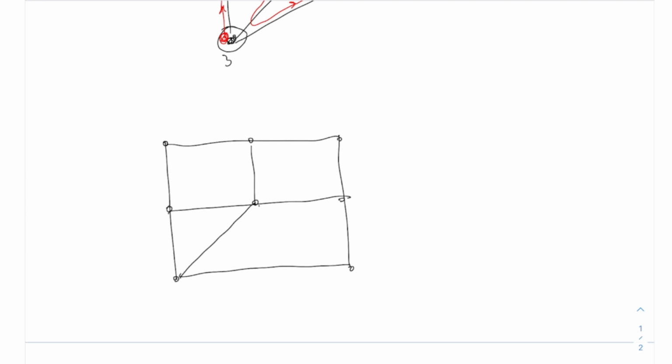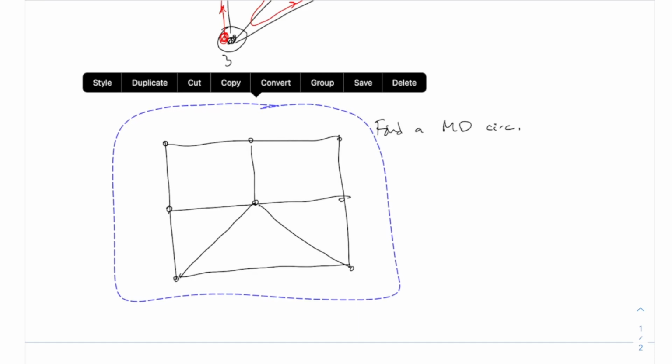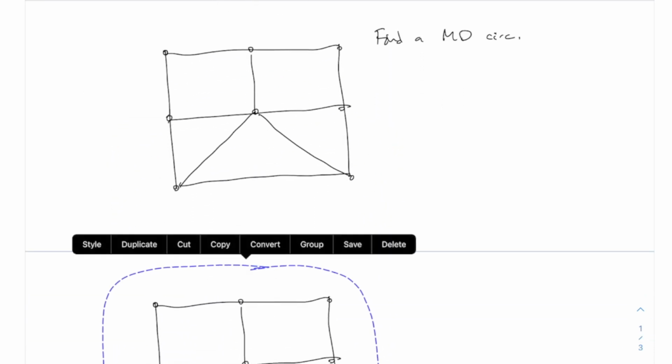Let's try this. Let's find a minimum duplication circuit. And then after we do that, I'm going to make another copy of this, and we'll also find a minimum duplication path in a moment.